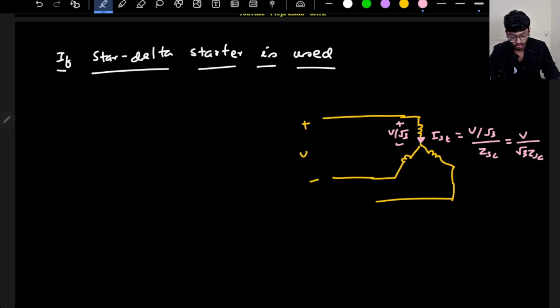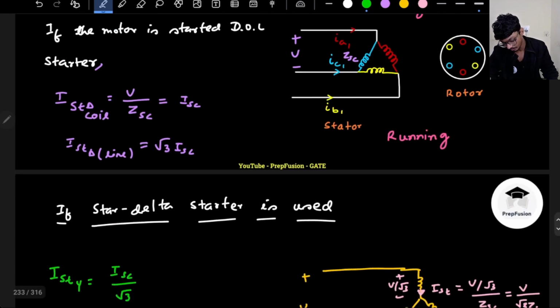This is the line current in star. V divided by ZSC is ISC, so it is ISC divided by root 3. And if I want to directly compare, from this equation, ISC is equal to I starting of delta divided by root 3.